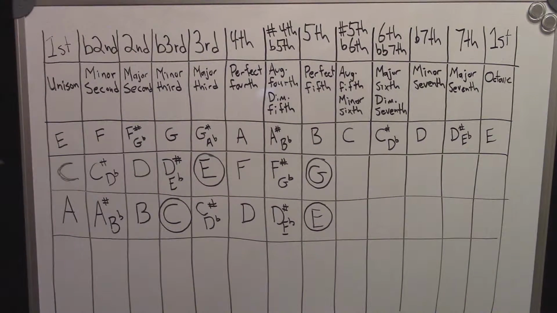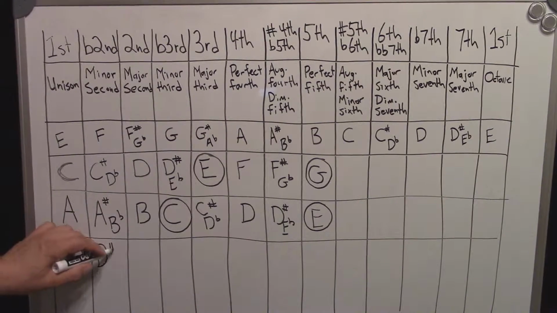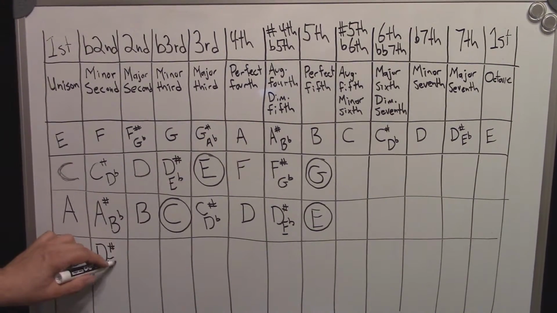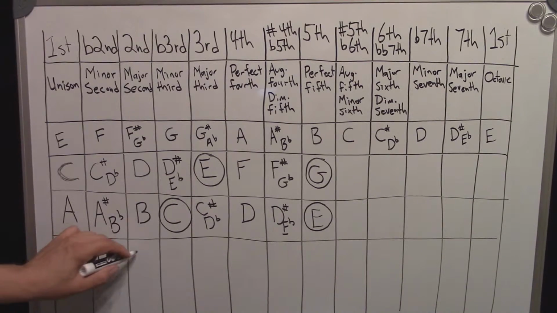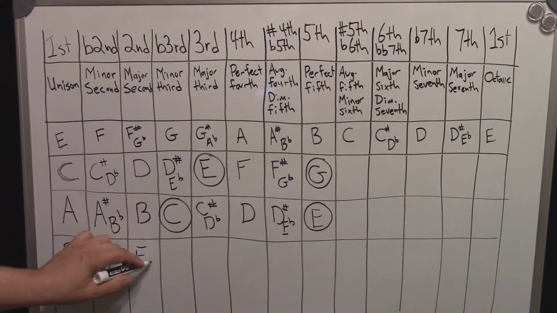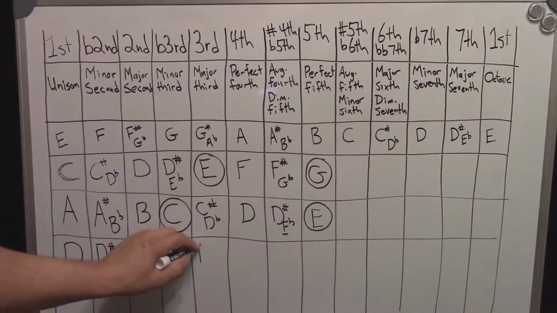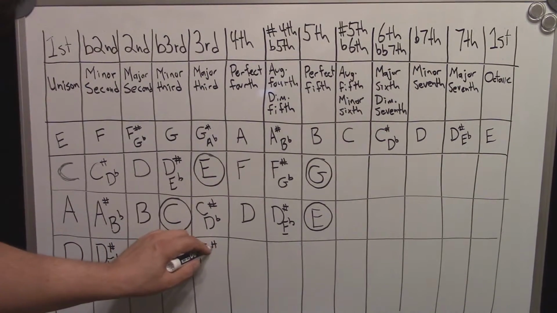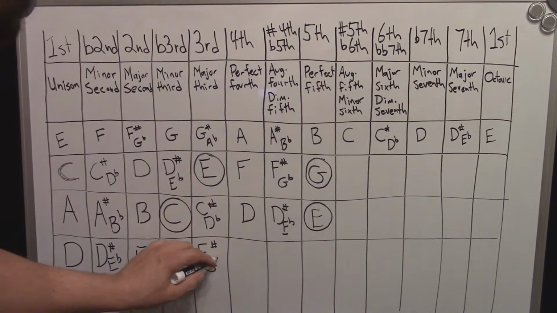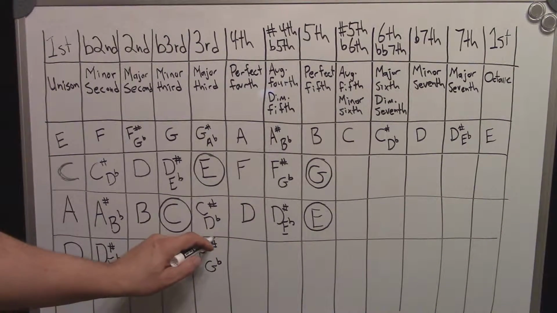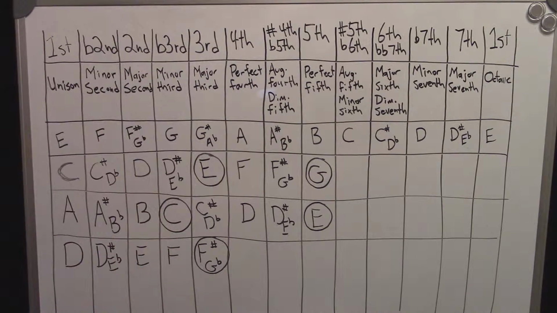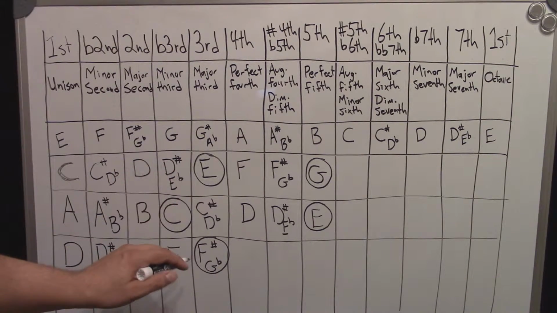Okay, to break down the D7, you start off with the root, the D. Okay, then we have a D sharp, E flat, then you have an E, then you have an F, then you have F sharp, G flat. So this is one of the ones we were looking for. You have a major third in that D7 chord.